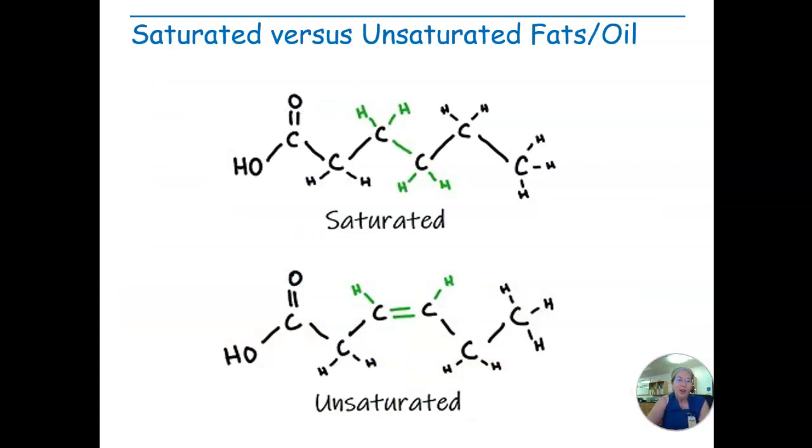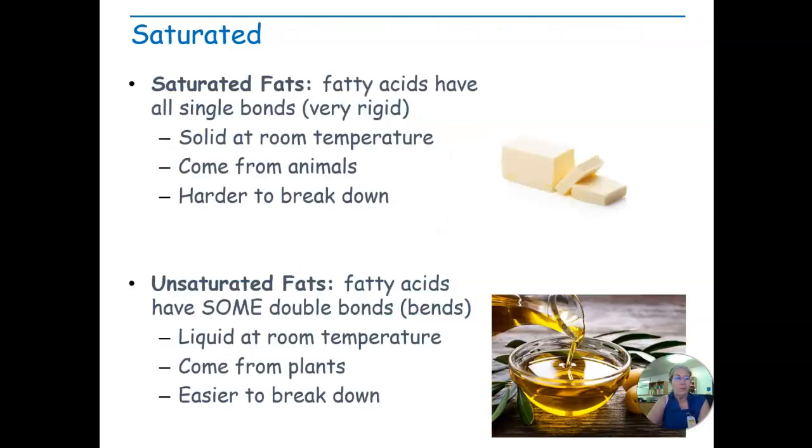Here we have all possible hydrogens, so it's saturated with hydrogens. And here there's been a double bond forced between the 2 carbons, which removed 2 of those hydrogens. So saturated fats tend to be solid, unsaturated fats tend to be liquid at room temperature.